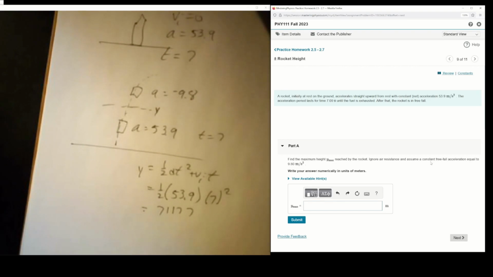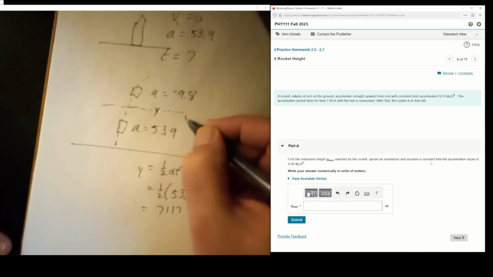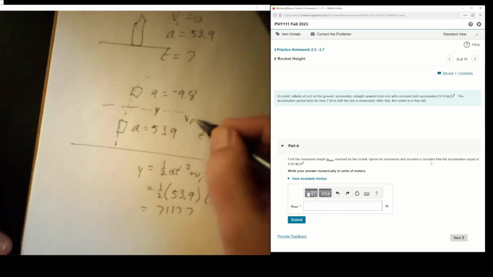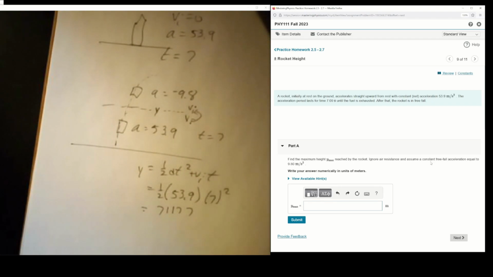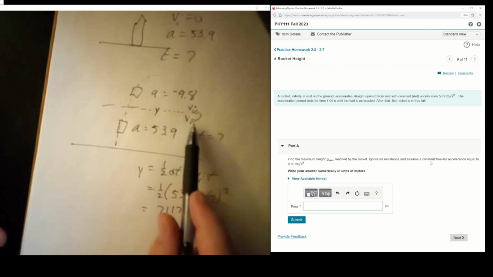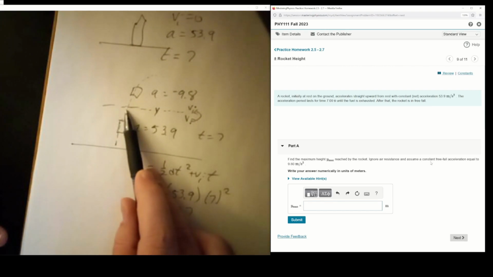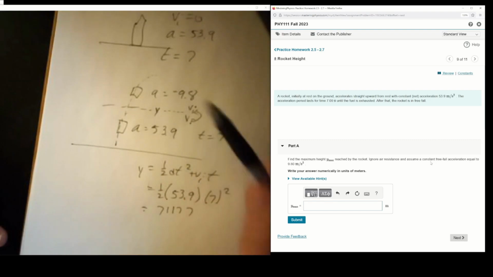And what's going to help us here is to figure out what the final velocity is when the engines turn off. And then this will become our initial velocity when the engines turn off. Well, let me say that again. We want the final velocity just as the engines turn off, so just as we reach 7 seconds. And then the engines shut off, and that final velocity will become our initial velocity while we're in free fall.